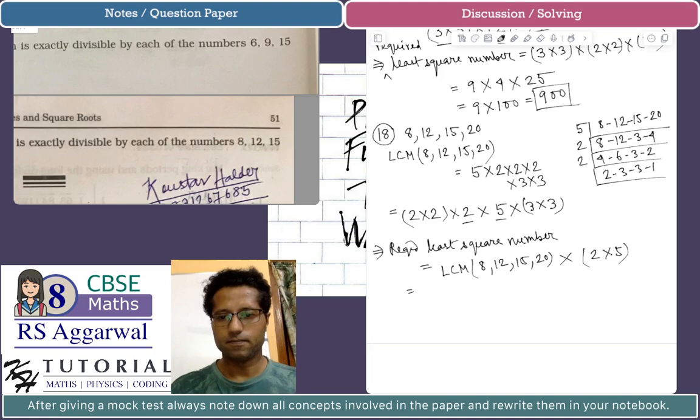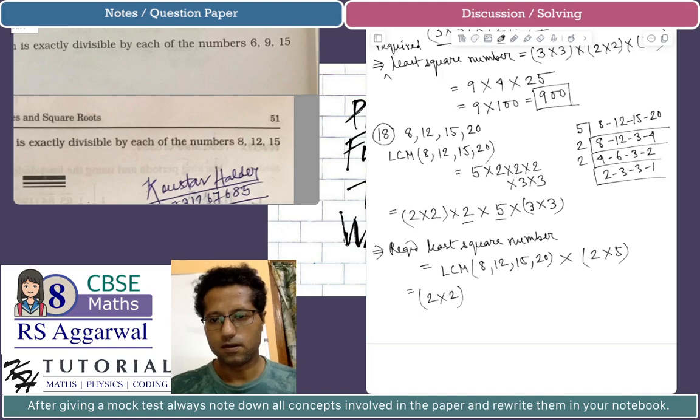So now we get this is equal to 2 multiplied by 2, 2, this was the LCM, and we are multiplying it with 2 multiplied by 5.